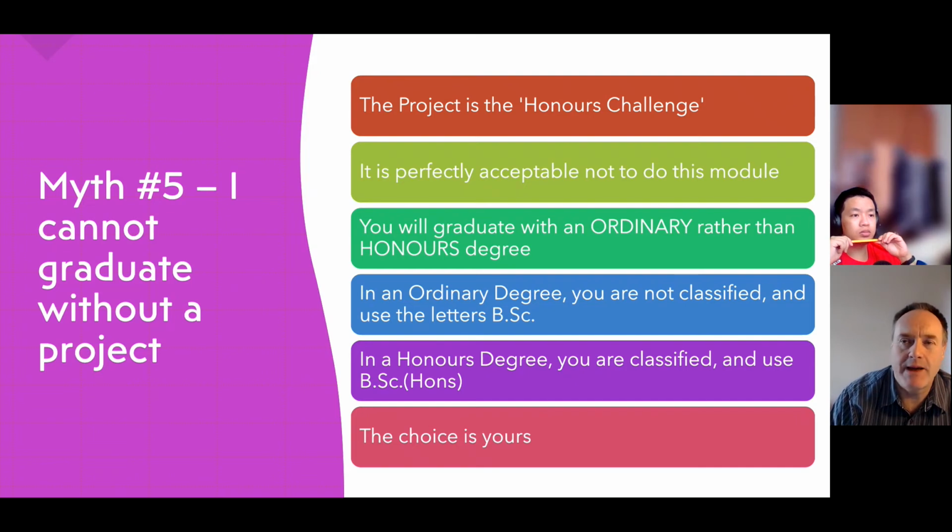Now, depending upon what you want to do next, that may be important to you. For many traditional UK students, getting a classified degree is important because it enhances job prospects going forward. But remember, these people are not in work. For you, it might be that just getting a degree is absolutely fine, in which case you might decide to sidestep the stress of doing a research project.